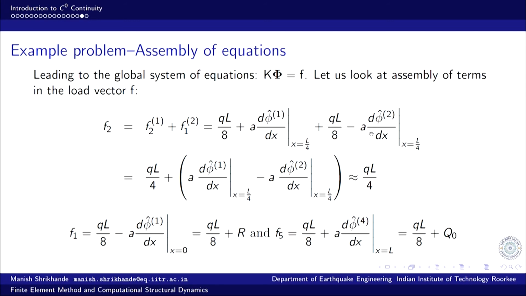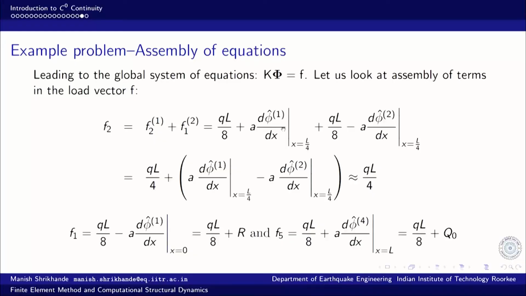Now, node 2 is receiving contributions from element number 1 and element number 2. For element number 1, node 2 is the right hand side node, and for element number 2, node 2 is the left hand side node. The boundary terms are of opposite signs: one sign if it is a right hand side node and a different sign if it is a left hand side node, but the node is the same.